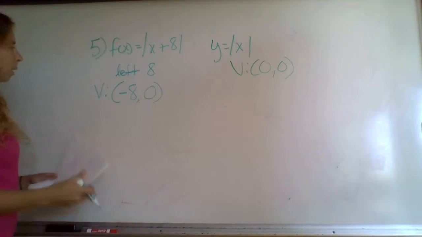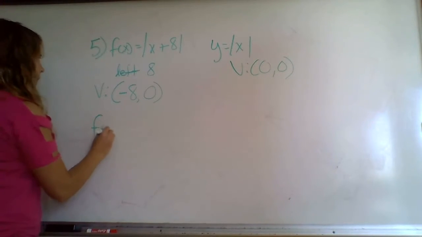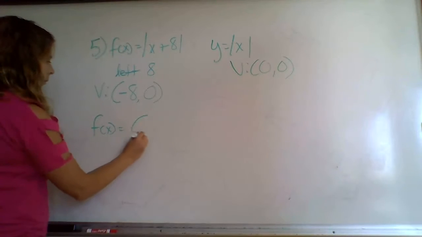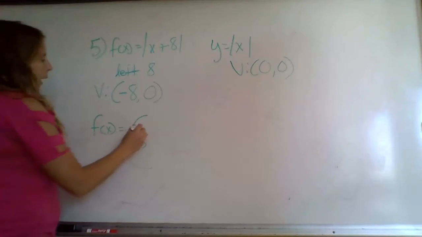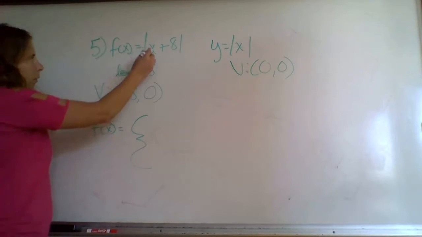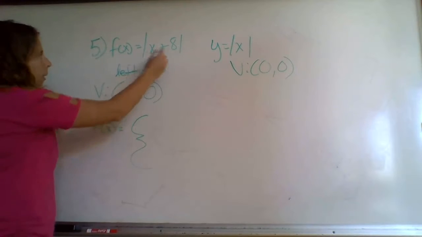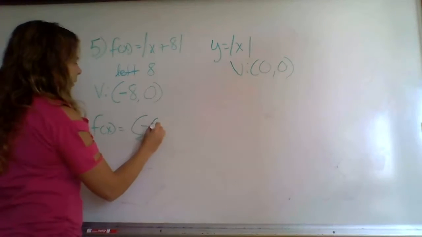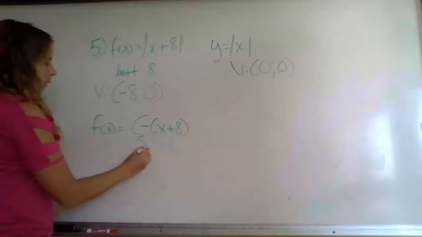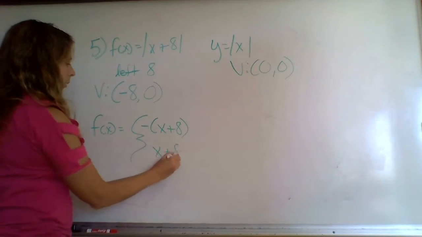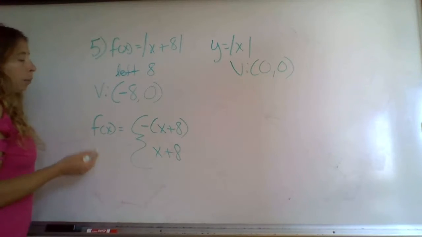So then your piecewise, you have one of them is going to be negative, the opposite, and the other one's going to just be what's inside. Then why your vertex is important.